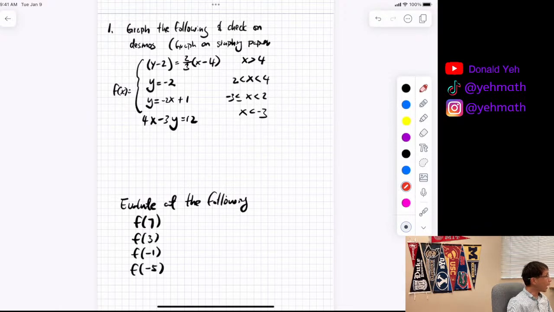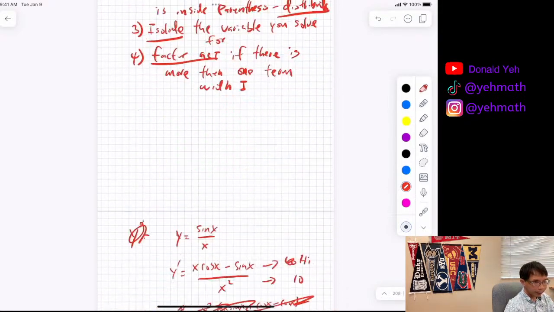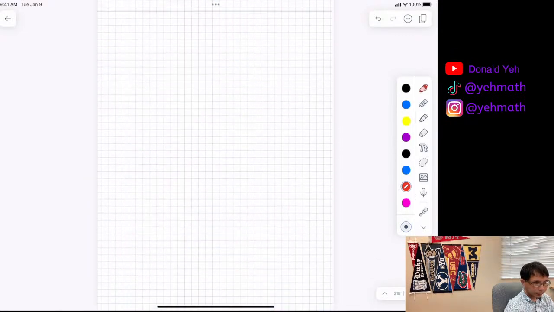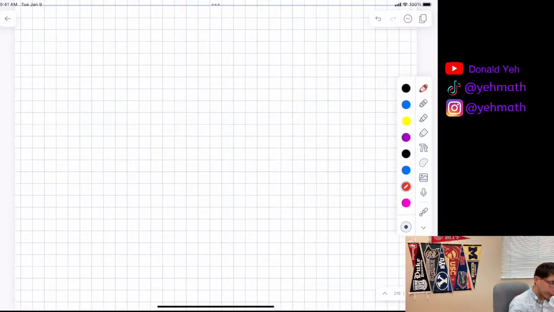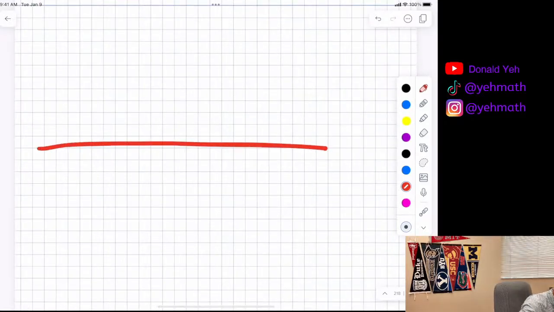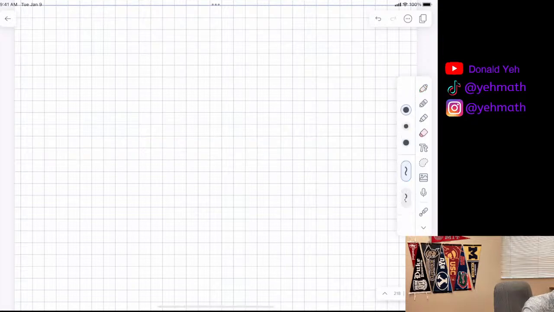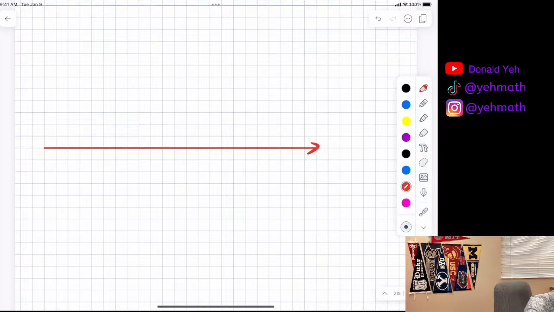Now, if I give you a graph, can you tell me the equation? Like if I just draw a graph, can you tell me the equation, right? If I give you a graph like this, oops, that was bad. We talked about that the other day. If I give you a graph, let's just say I draw a random graph. Can you tell me the equation? And the equation with the right restriction.